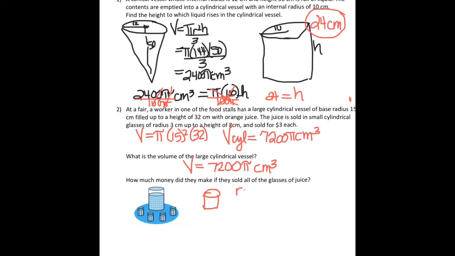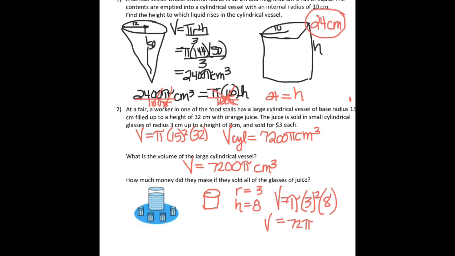Well, it has a radius of 3 and a height of 8. So the volume equals pi times my radius squared times my height. Well, 3 squared is 9, and 9 times 8 is 72.